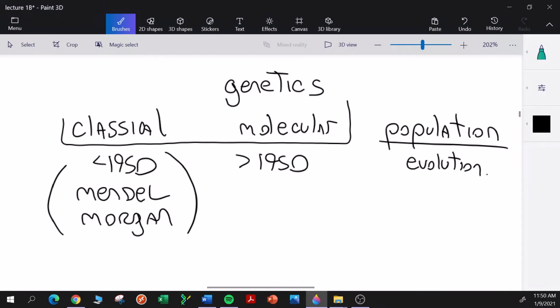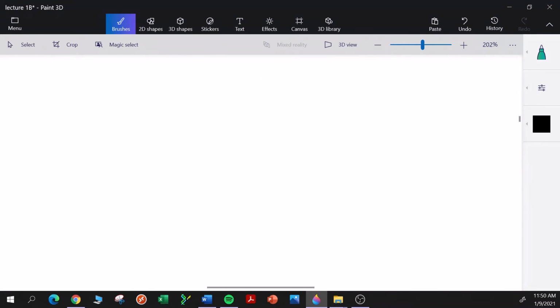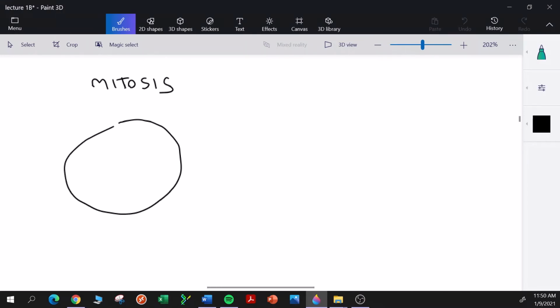So, what are we going to talk about today? Today we are going to focus on mitosis. Mitosis is a process that I'm sure you have had in high school and in our introductory biology classes here at ISU. Essentially, let's say this is a nucleus. A nucleus is that compartment in cells of eukaryotes that holds the nuclear DNA.